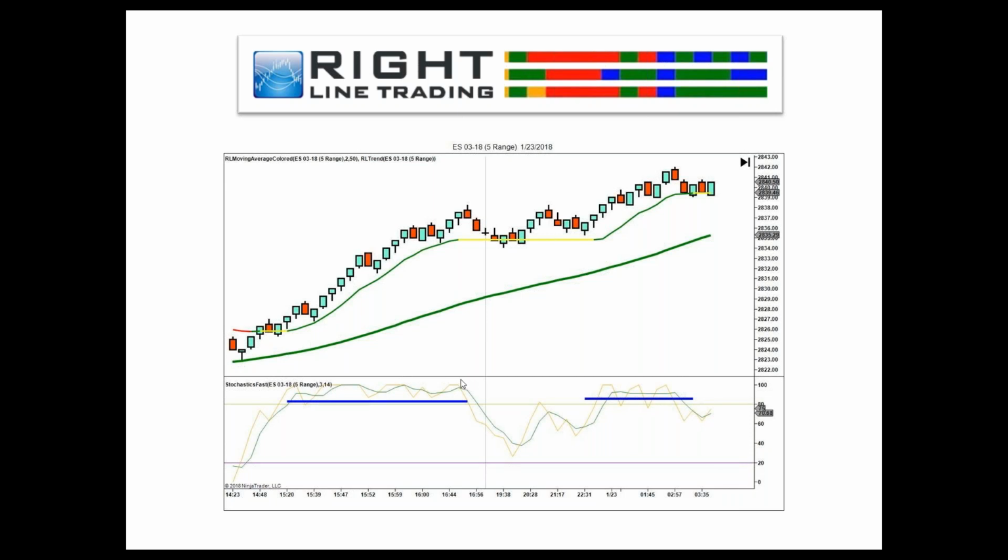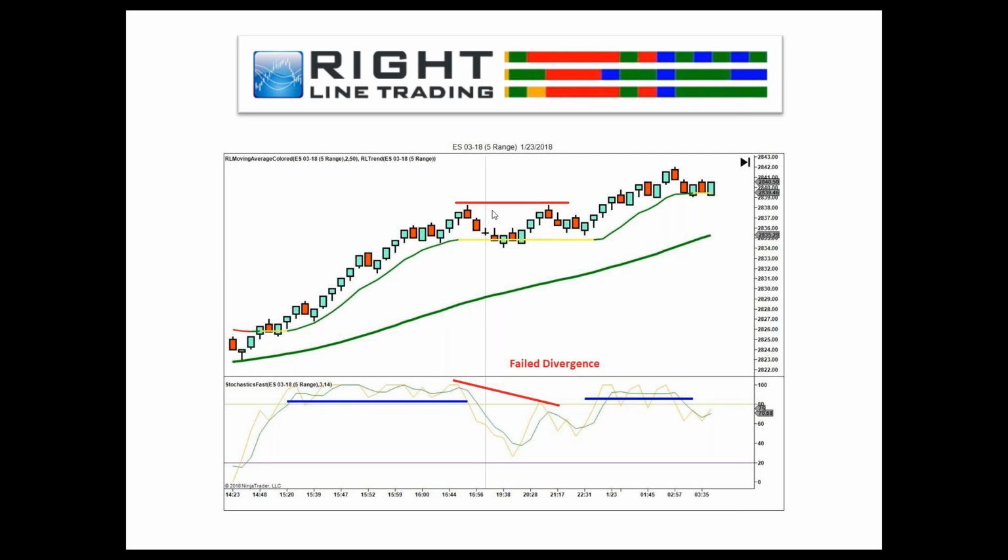But it will signal potential divergence, because divergence on a higher time frame can be problematic with stochastic. This is a very smart line.